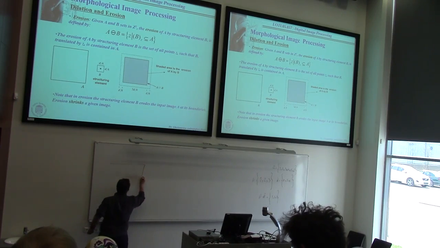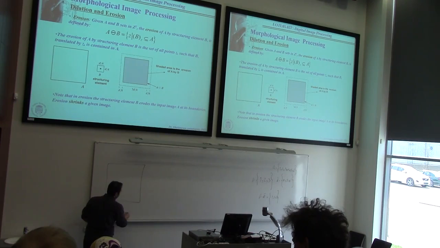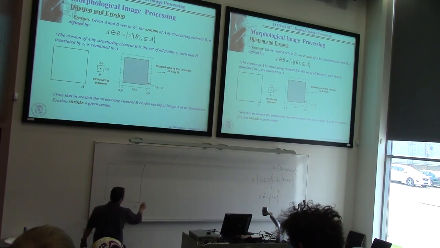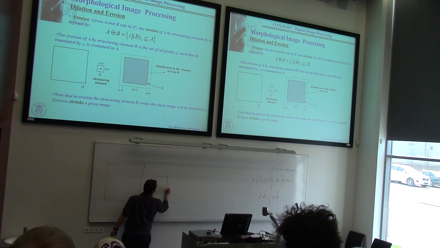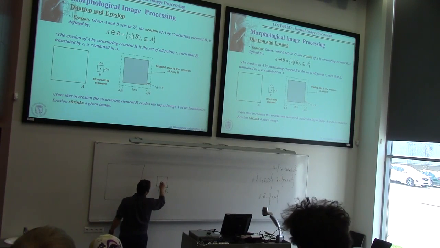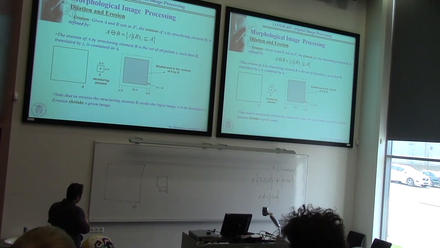Assume that's the set of A. Okay. And we have a structural element like this. We call it B. And we know that B hat, the reflection of this, is equal to B. This is good.